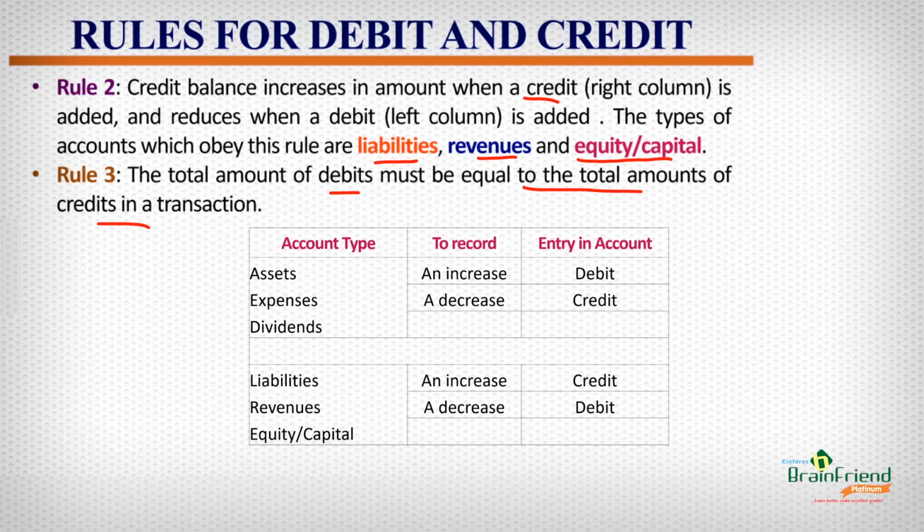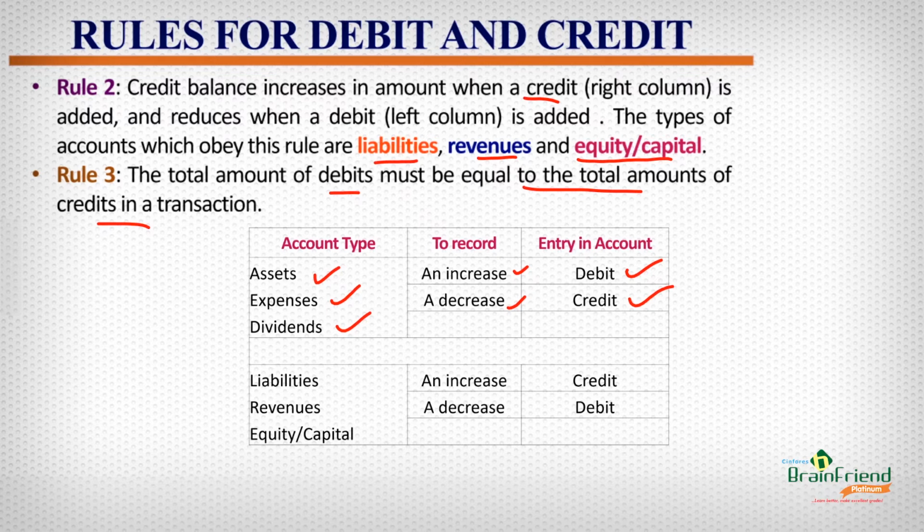Account types: assets, expenses, dividends. To record an increase, where do you record it? Debit account. A decrease, where do you record it? Your credit account. For liabilities, revenues, equity, and capital, these are account types. Now, when you look at an account type, you look if it is increasing or decreasing.